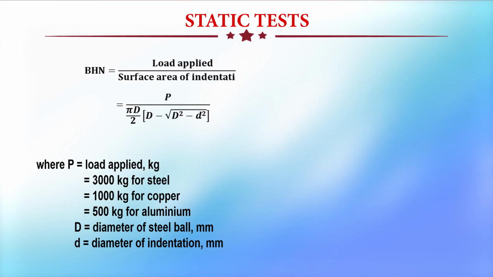Big D is the diameter of the steel ball in mm, and small d is the diameter of indentation, also in mm. If we know P, D and d, then we can easily find the Brinell hardness number.